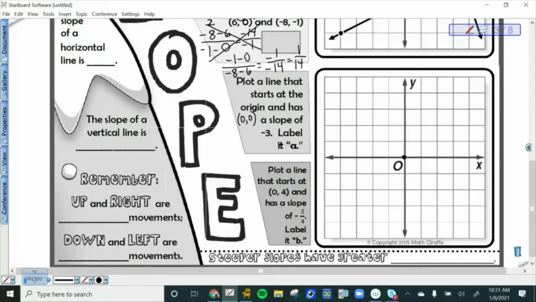So plot a line that starts at the origin and has a slope of negative 3. So what is my rise and my run if my slope is negative 3? Negative 3 is the same thing as negative 3 over 1. So what's my rise and what's my run?